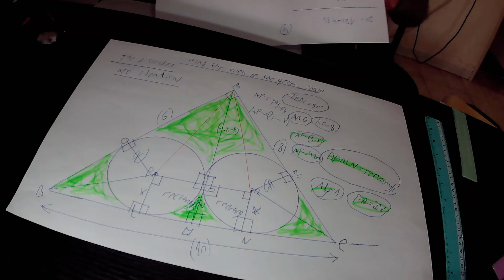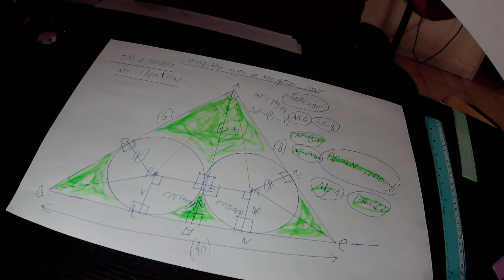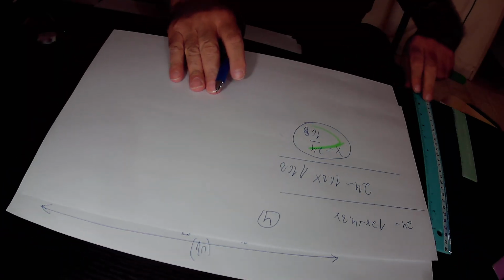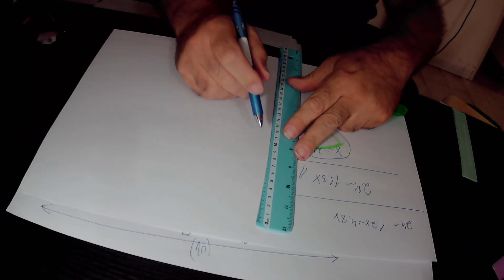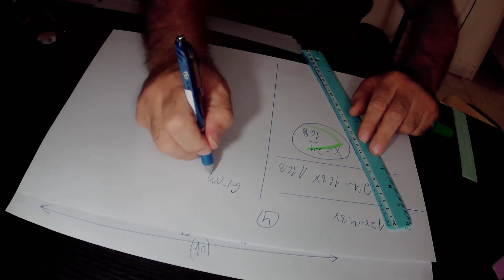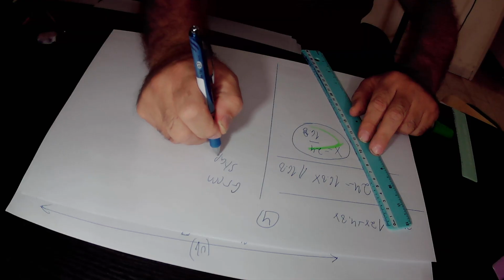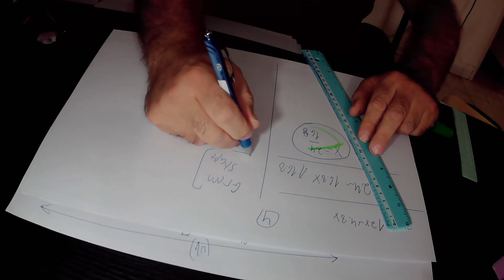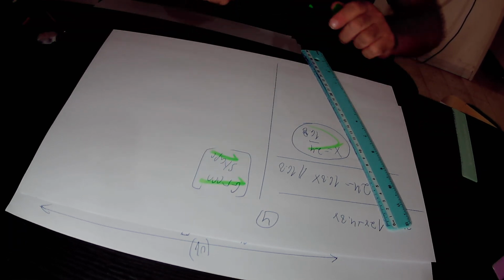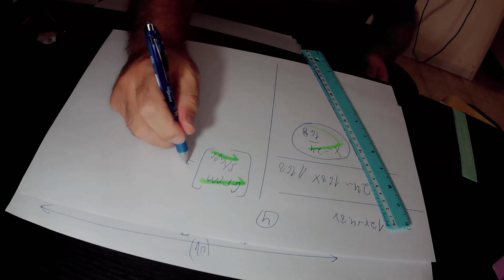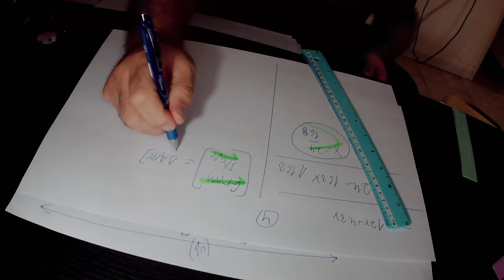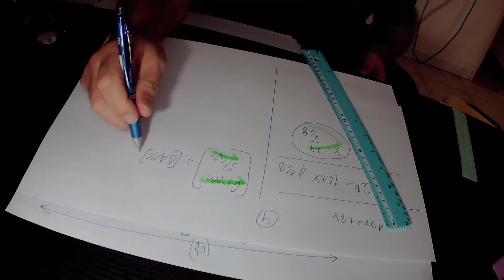So the area that we are looking for, the area of this green shape, is equal to the area of the big right triangle ABC, 24 square units, minus the area of the two small circles.